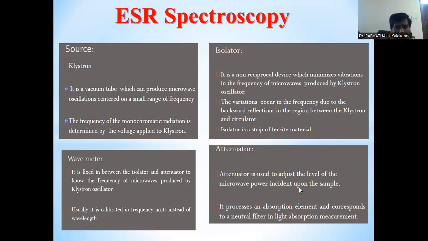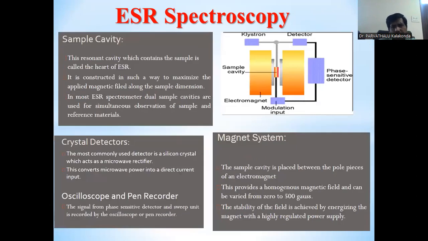And the other one, we already know, is the sample. This is the sample cavity, where you keep the sample which has the unpaired electron. So we have discussed the klystron and the sample cavity. And the crystal detector should be here.